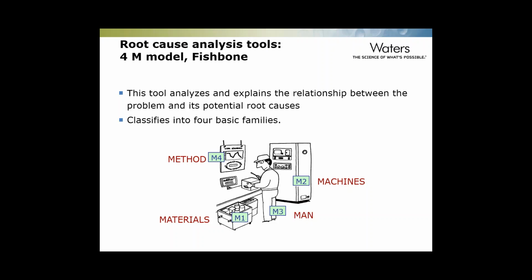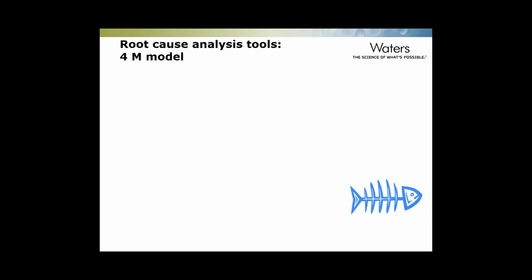Man, what's the personnel, and then the machines. Were there instruments involved? Were there machines involved in the process? So those are the 4 M's, or they could be 4 P's: process, people, procedures. And it's not just limited to 4. You can have other ones as well. You can have the environment as a possible branch off your Fishbone.